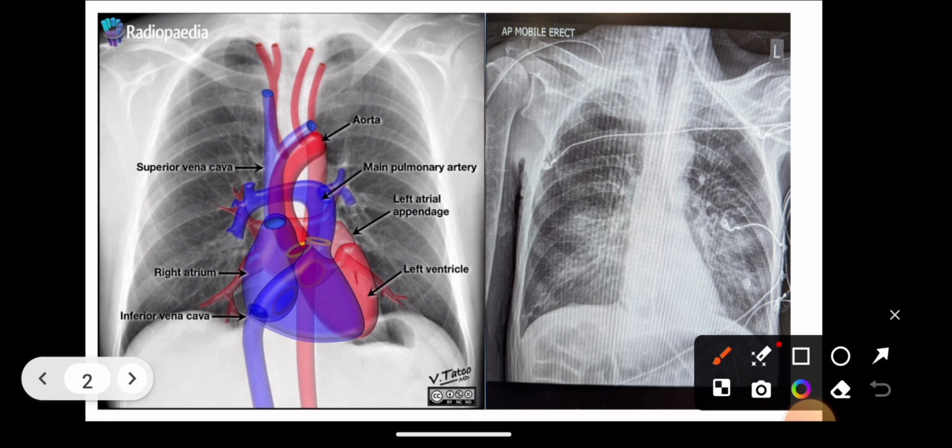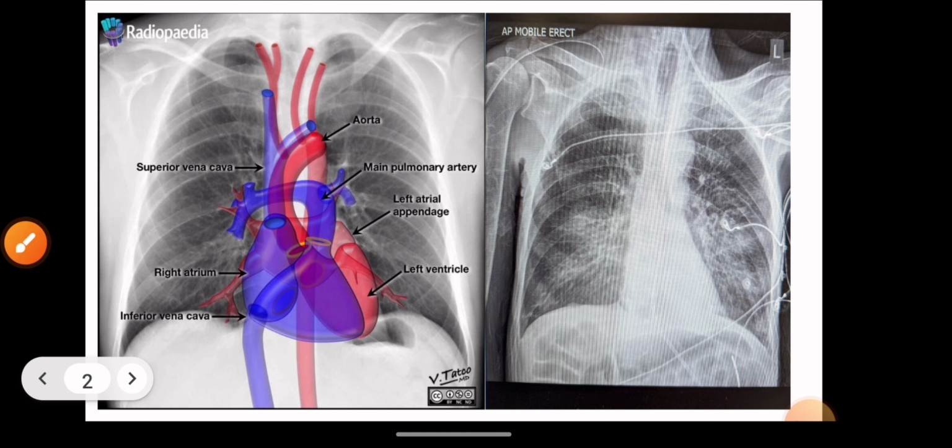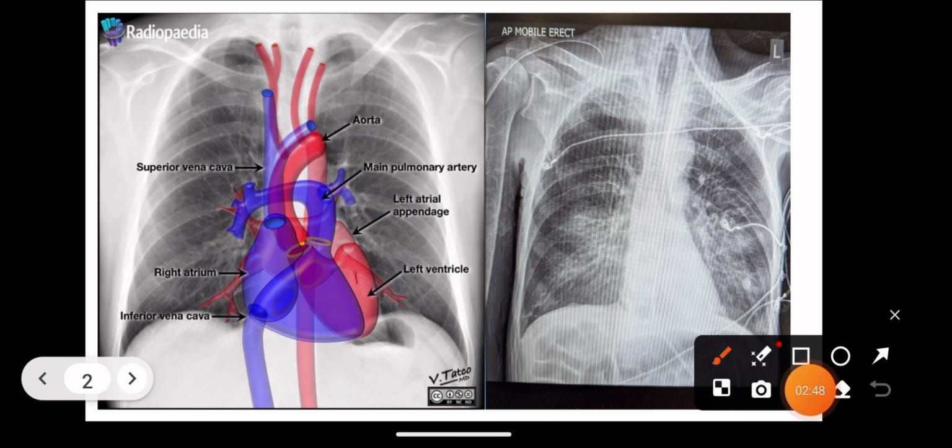But what we're definitely not seeing here is any obvious changes to the costophrenic angles. And the costophrenic angles, which is this section here and on the other side, let's draw it there and there, is nice and acute on this guy. And often I associate blurring or opacity of the costophrenic angle with fluid in the pleural space.